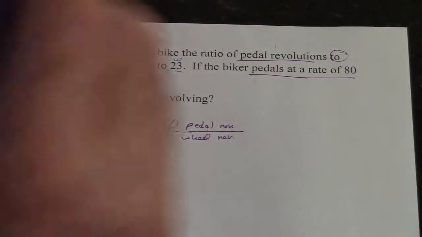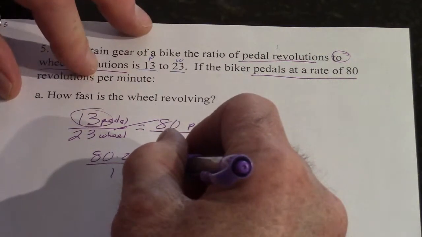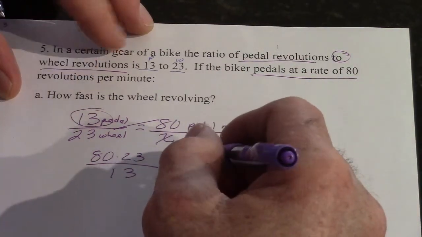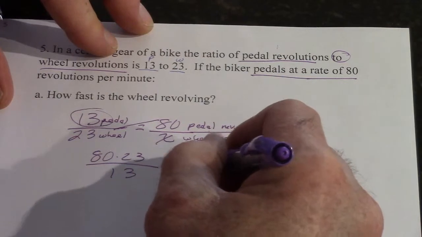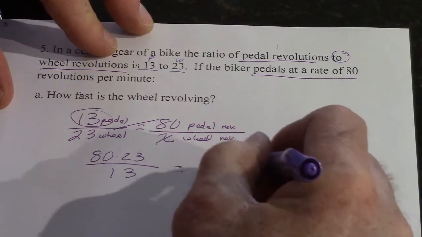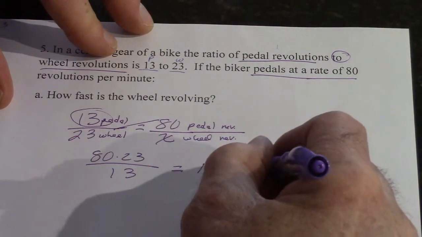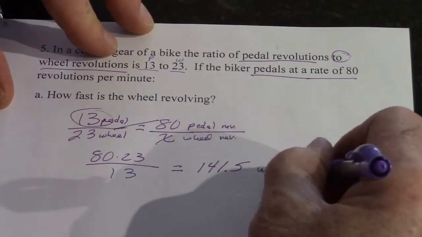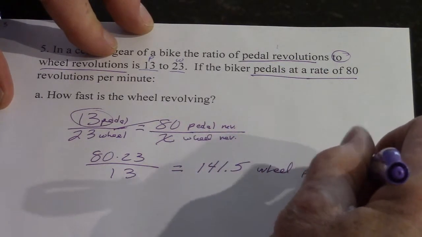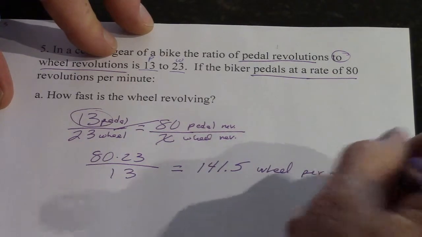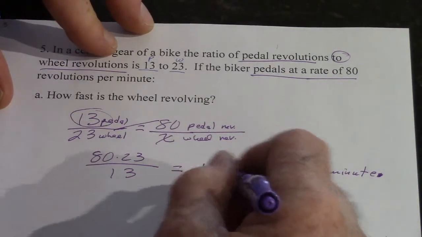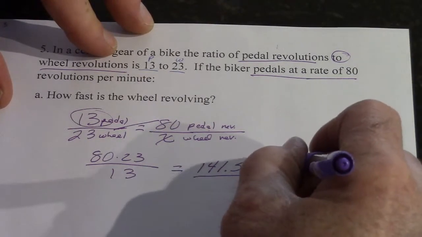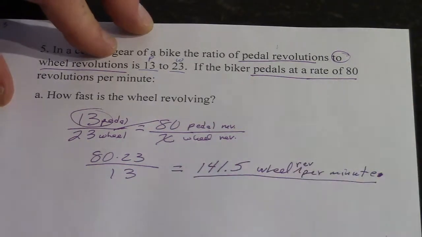I'm just going to go 141.5 because no one's really pedaling at exactly 80 pedal revolutions per minute. So these practical problems are all going to be pretty well rounded off. Now that's going to be wheel revolutions, and that is in a minute. So we'll say per minute because these were all in minutes. So 141.5 wheel revolutions per minute.